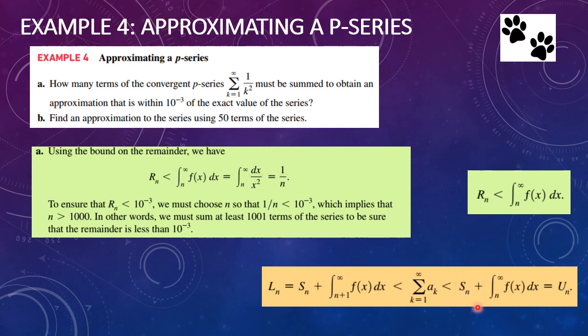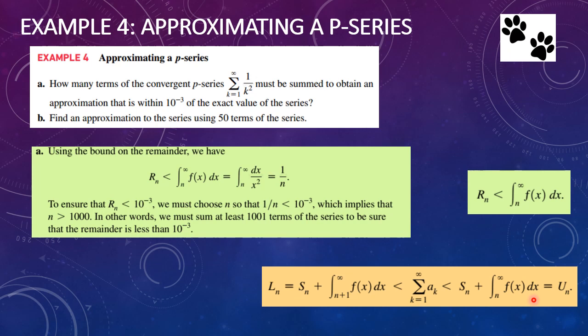We can figure out S sub 50. So we want this to go from k equals 1 to 50 of 1 over k squared. We need to figure out S of 50, and we need to figure out this integral, and we already have this integral as well.